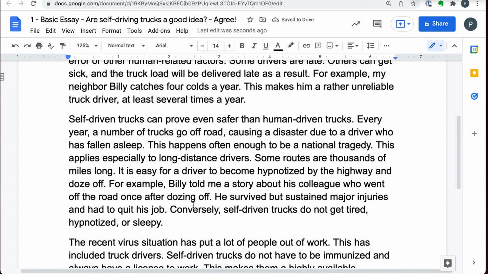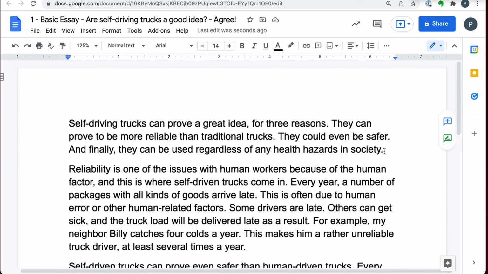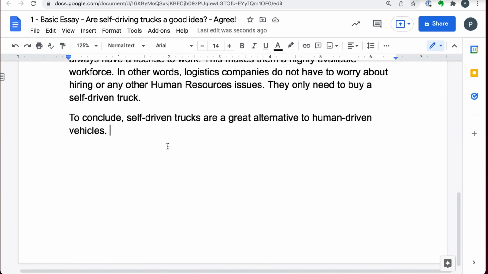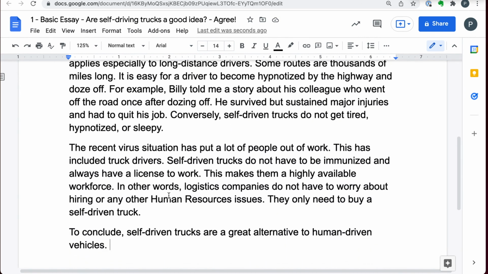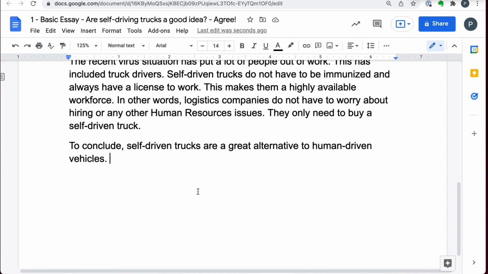Sometimes you can even just copy and paste your introductory paragraph as your conclusion paragraph. Of course, you can't just copy and paste; you have to change the words to make sure you're using different words.